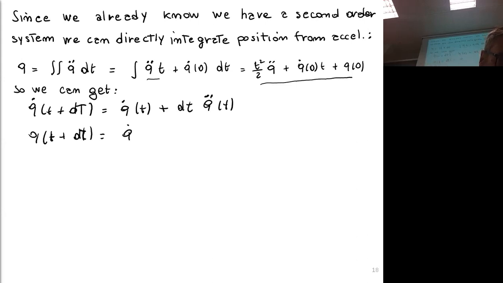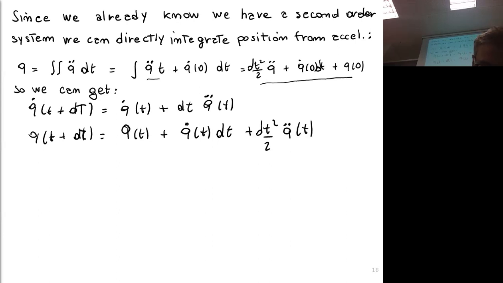So it is the position at the previous step plus velocity times dt plus dt squared over two times q double dot at the previous step.